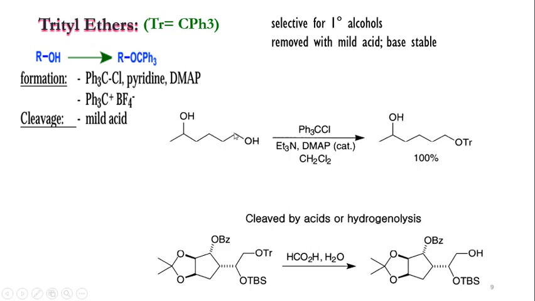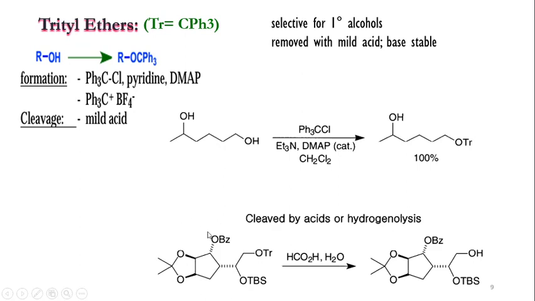Here are some examples. This is the secondary alcohol, this is primary alcohol, and if we want the protection with this trityl ether, that means the trityl chloride, then only the primary alcohol can react with this trityl chloride and there is a protection of this alcohol into this trityl ether and it can be cleaved by the acid or hydrogenolysis.